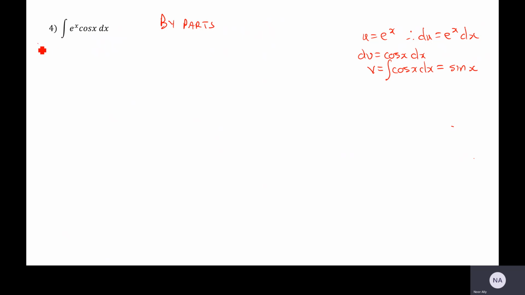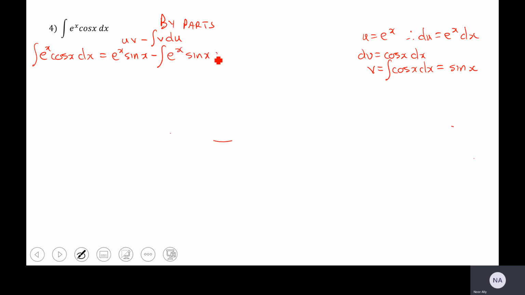Therefore the integral of e to the x cos of x dx is equal to uv minus integral v du. My u, e to the x, sine of x, minus integral, and what's my v? Sine of x times du, e to the x. So this will be e to the x sine of x dx.